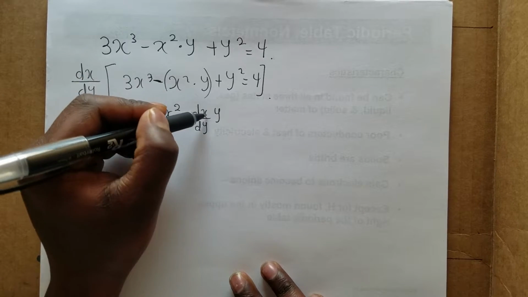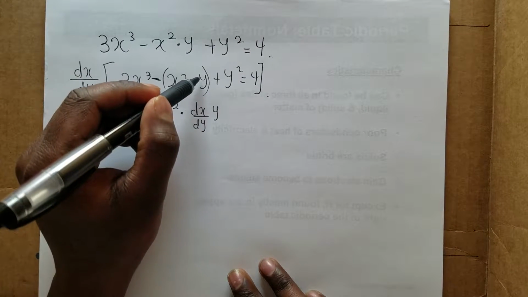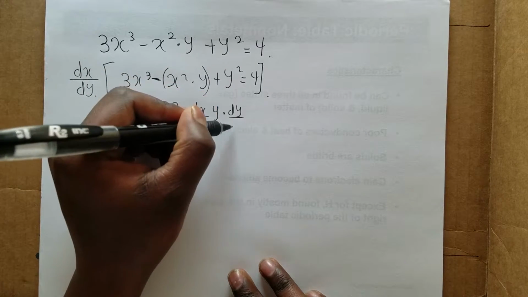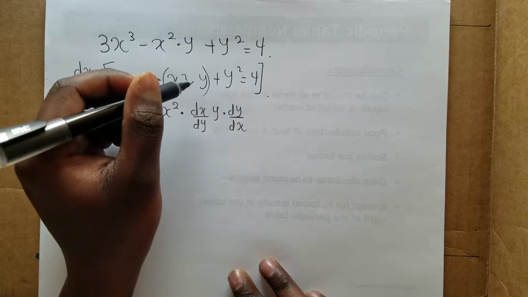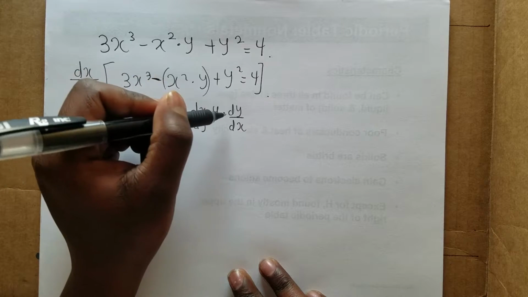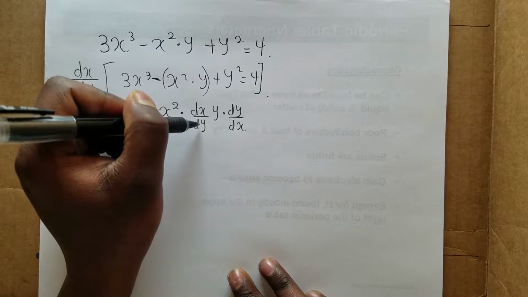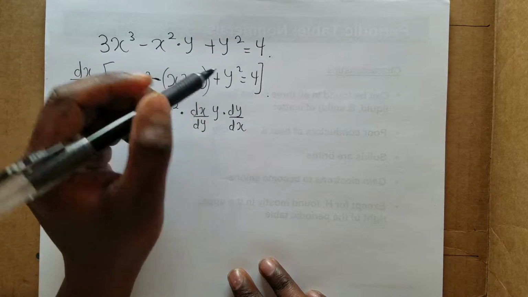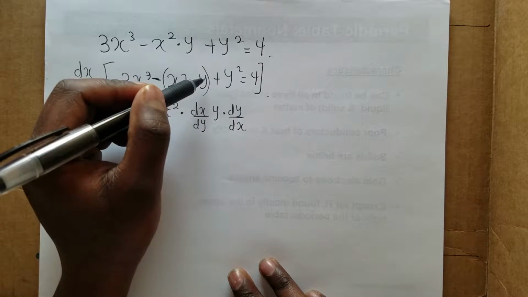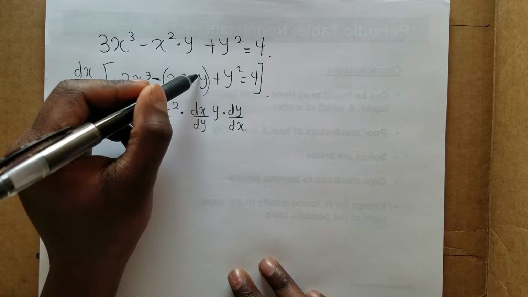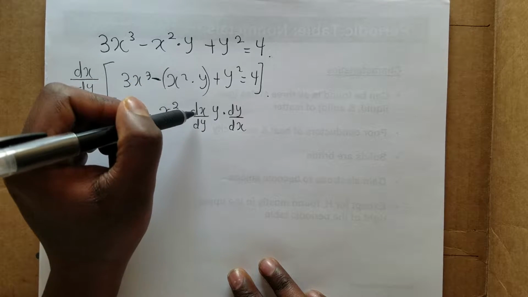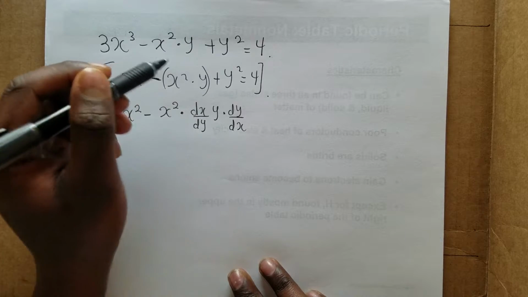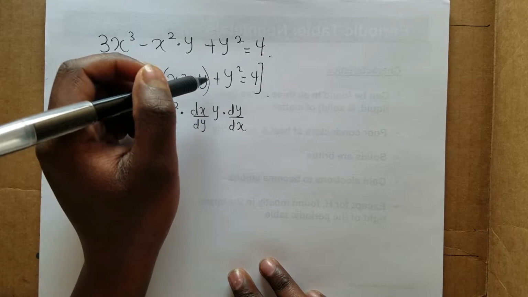Anytime you find the derivative of y, you multiply by dy/dx. It's not the same as dx/dy, right? Only when you find derivatives. If you do not find derivatives, you just leave it as y. So if you find the derivative of this, you multiply by dy/dx, because that's what you want to find, y prime.